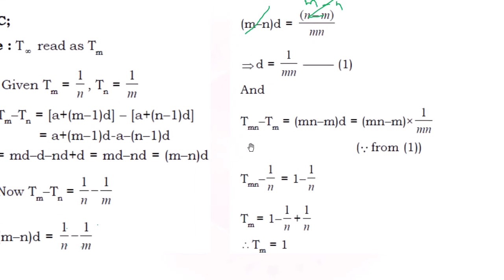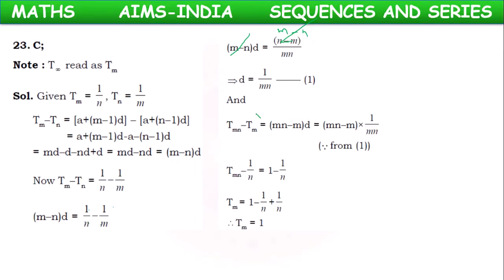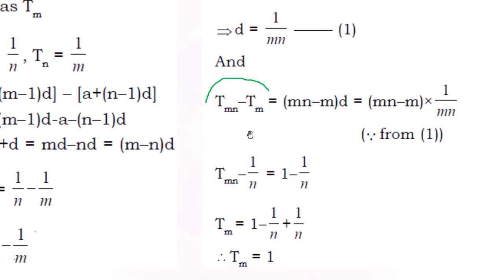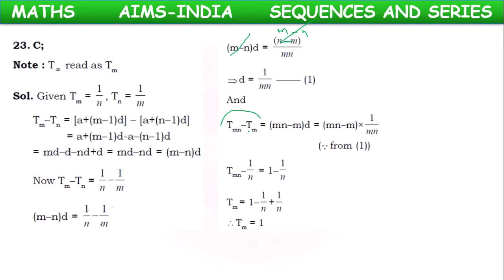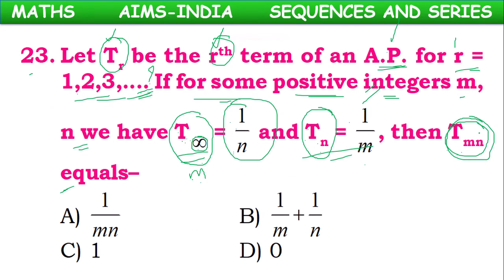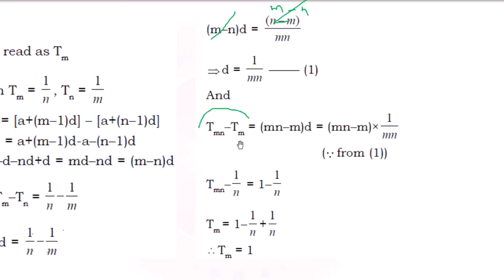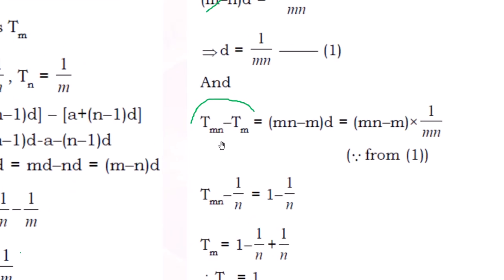So they have taken Tmn minus Tm. Why they have taken it: we have to find the Tmn value.